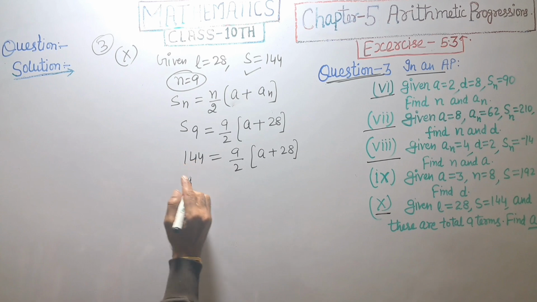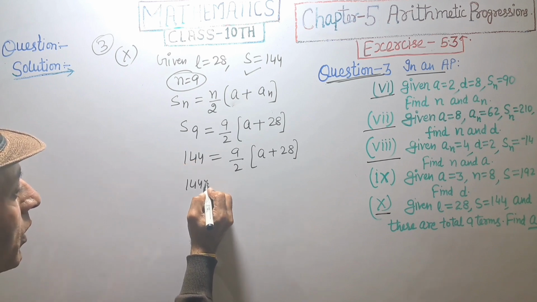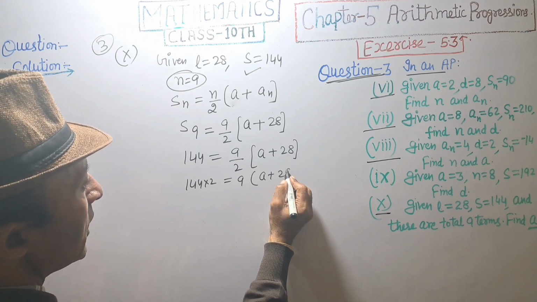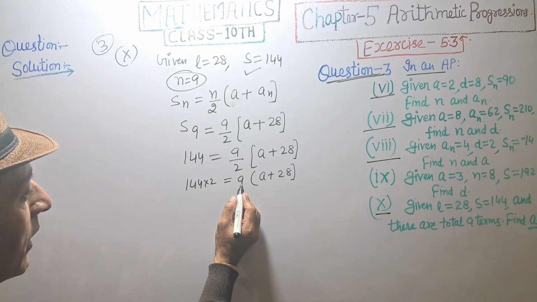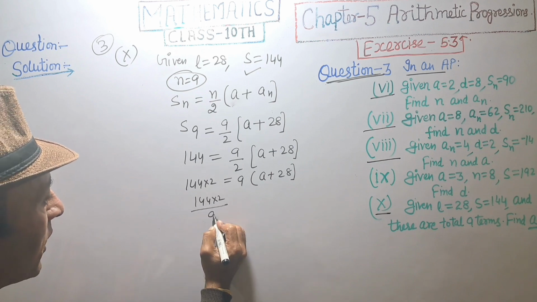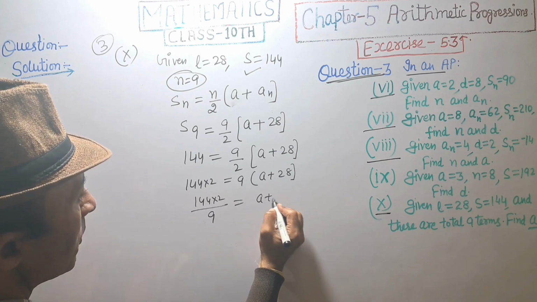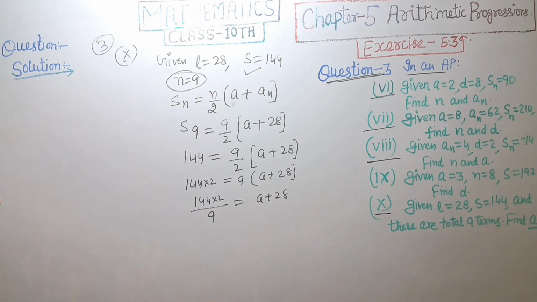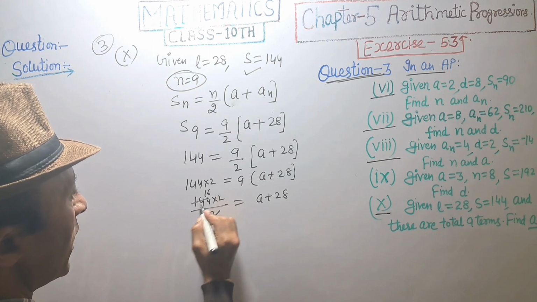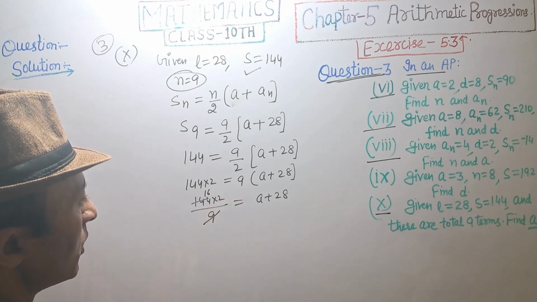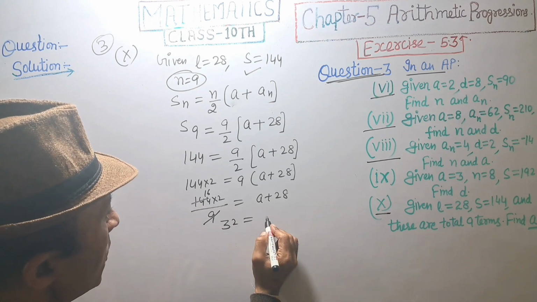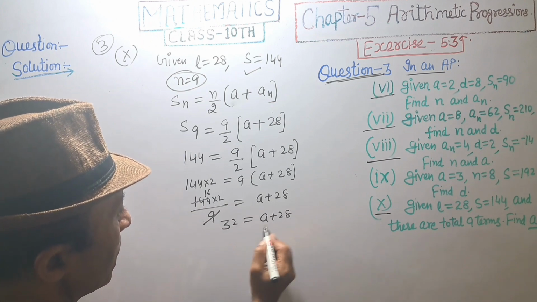Cross multiplying, 144 is equal to 9 into a plus 28, and 9 divides 144 into 2 divides 9, is equal to a plus 28. 9 16s are 144, but 16 2s are 32, is equal to a plus 28.